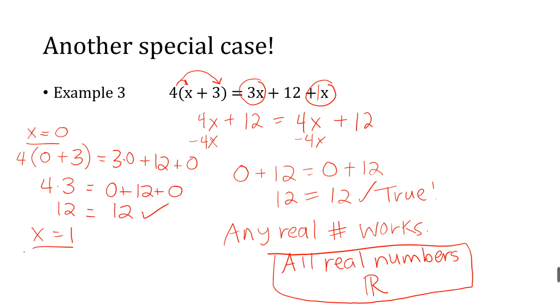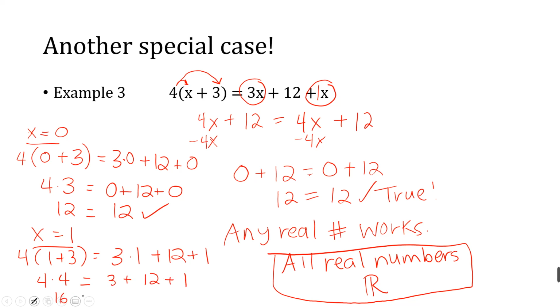Is it going to work for that one? 4 times 1 plus 3 equals 3 times 1 plus 12 plus 1. 4 times 4 is 16.